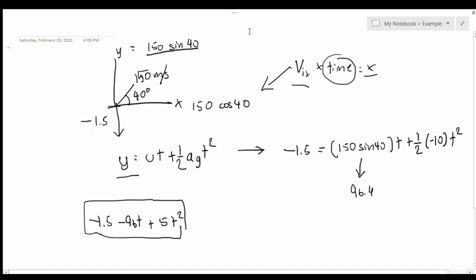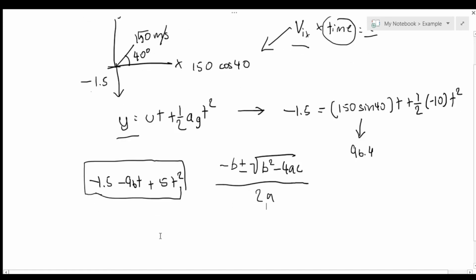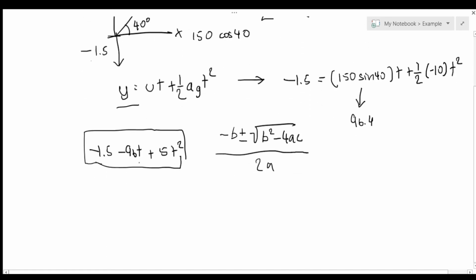Now that we have this equation, we can then put it into our quadratic formula, which is minus b plus or minus the square root of b squared minus 4ac, divided by 2a. And from the equation to our left, we can then see that negative b is 96, because the negatives cancel each other.